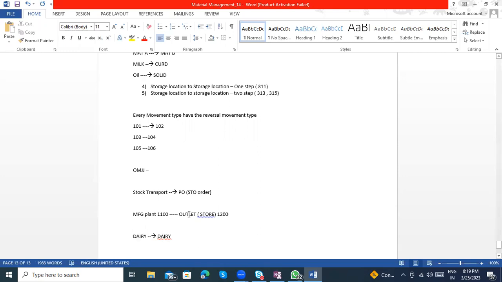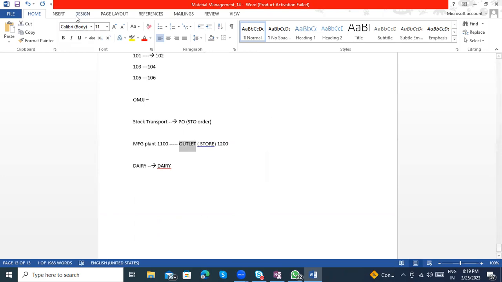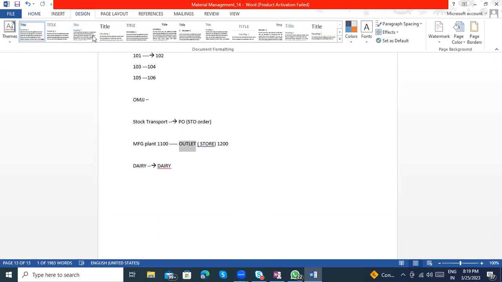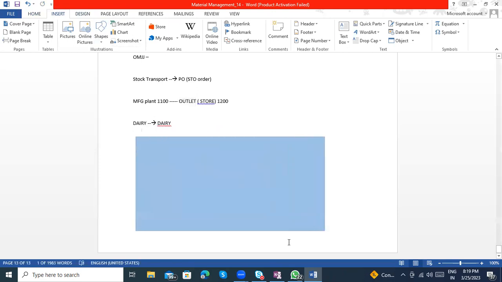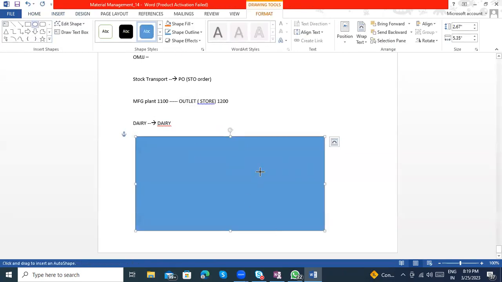If you're talking about an outlet, there are many possibilities. It may be outside the manufacturing plant, or inside the manufacturing plant. Let's assume this is my plant. There might be one outlet here where customers can buy directly.